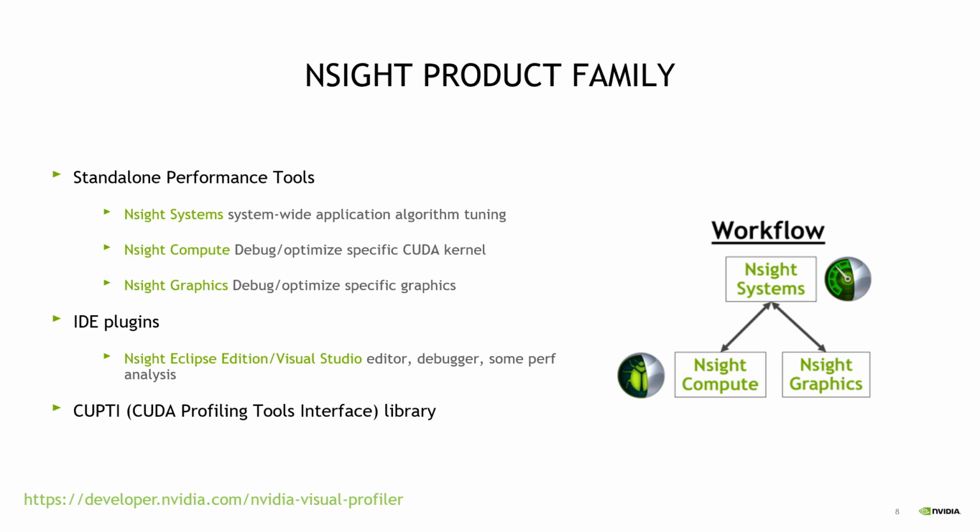You can use it to profile your application from the CPU to the GPU. You have NSIGHT Compute if you want to optimize and debug your CUDA kernels, and NSIGHT Graphics if you want to debug and optimize some specific graphic routines. We also provide plugins for Eclipse or for Visual Studio, and all these tools cooperate and share information through a library called CUPTI, the CUDA Profiling Tools Interface.